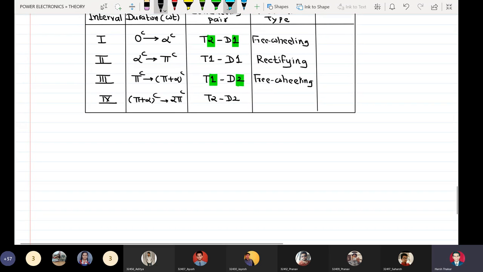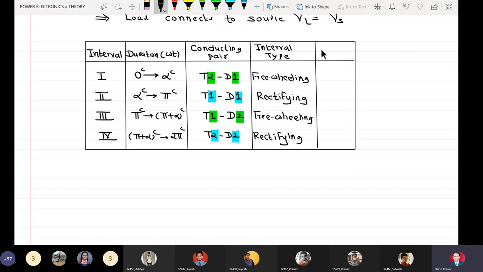And again, we can see here, subscripts are same. You write rectifying. So 2 and 2, rectifying. What is the value of load voltage VL?